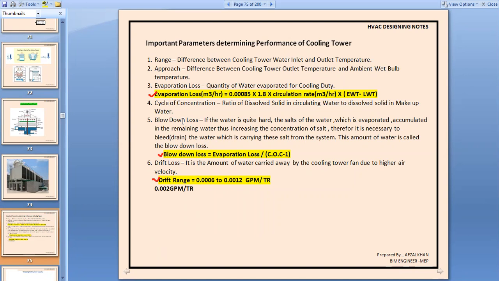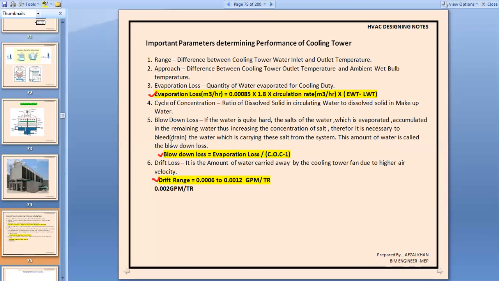You will get the value from the architect or from the treatment people. Blowdown loss: I already made you understand this. If the water is quite hard, the salts of the water which is evaporated accumulate in the remaining water, thus increasing the concentration of the salt. Therefore, it is necessary to bleed the water which is carrying this salt from the system.